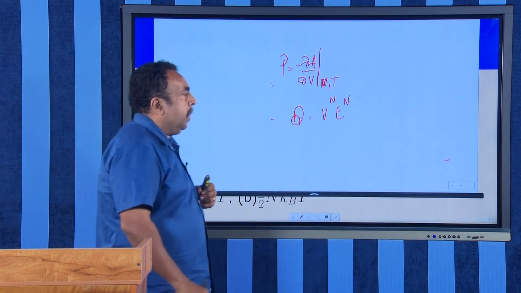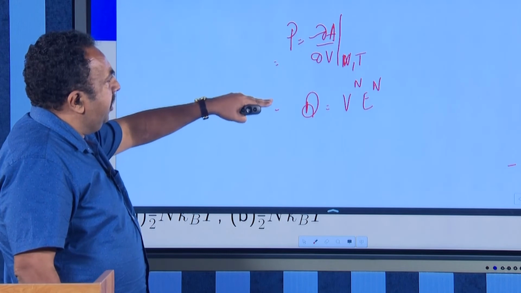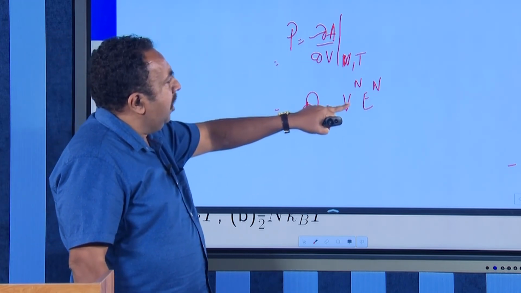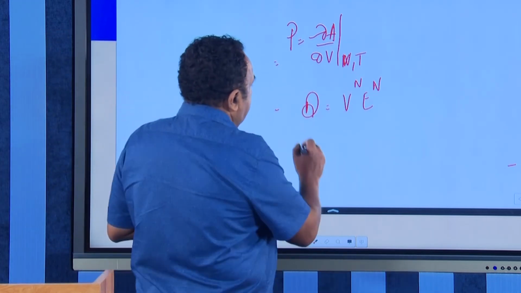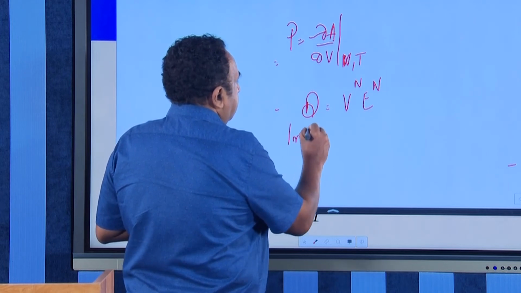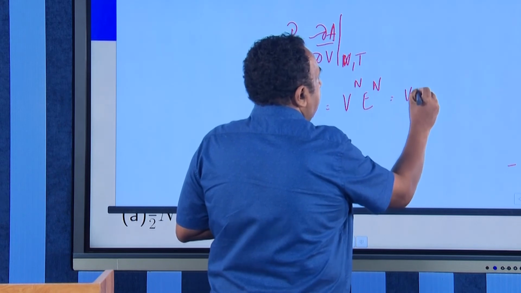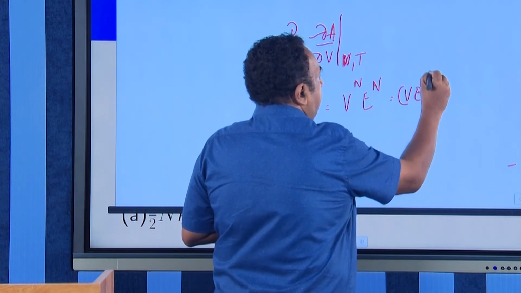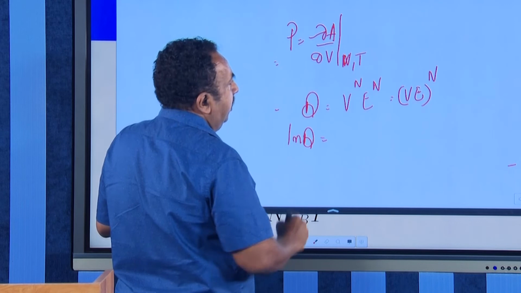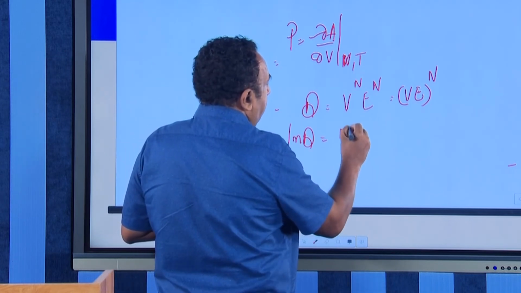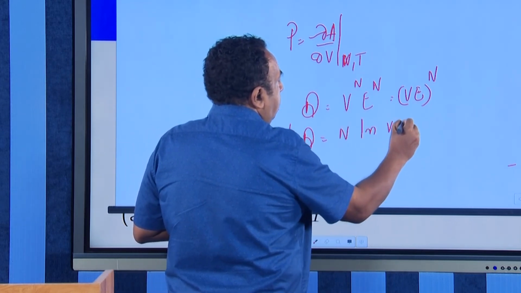What happens if you are taking the derivative with respect to V? If I take this log Q, you can say this expression is (Ve) whole raised to N. Therefore, if I take log Q, this will become N log Ve.